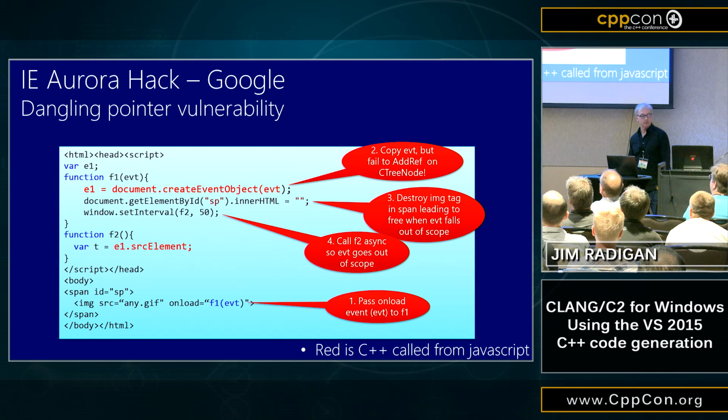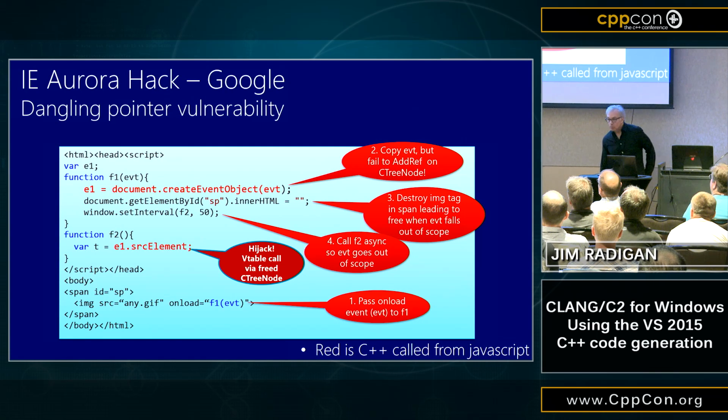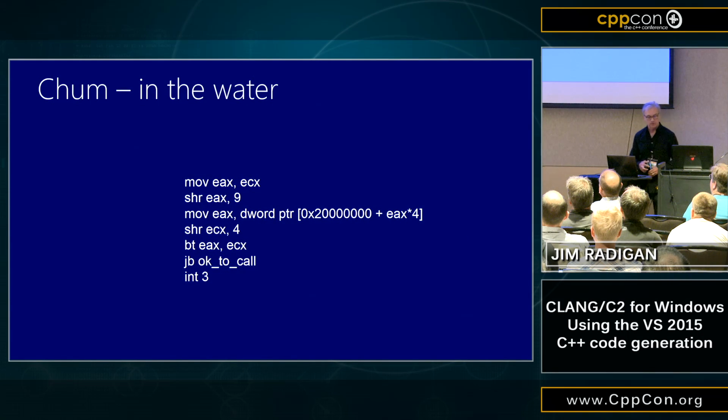We're going to call F2 asynchronously, and both image and event go out of scope, so they should be reclaimed. So you've got a use after free. And so what happens here is you're gone. That's it. So what we had to do was come up with a way to deal with this.